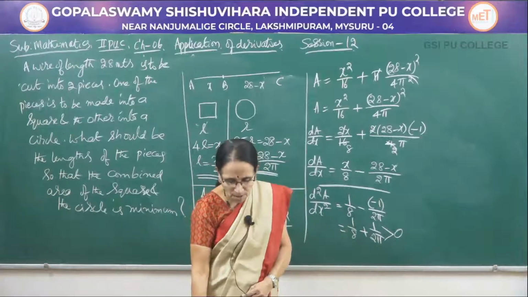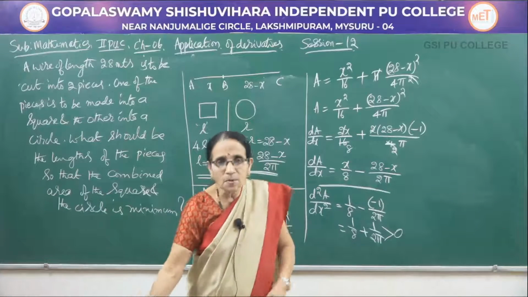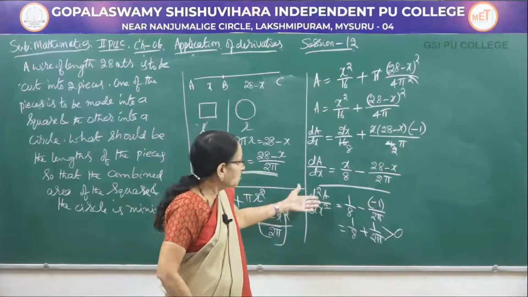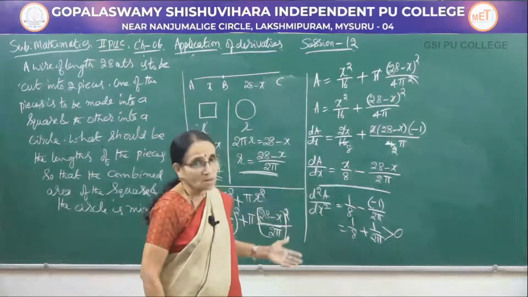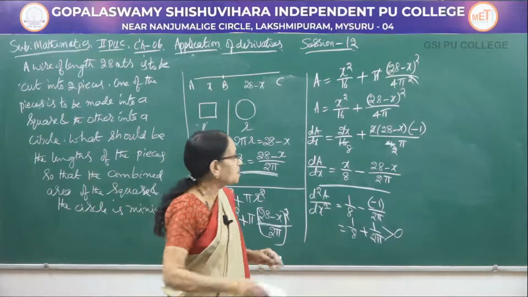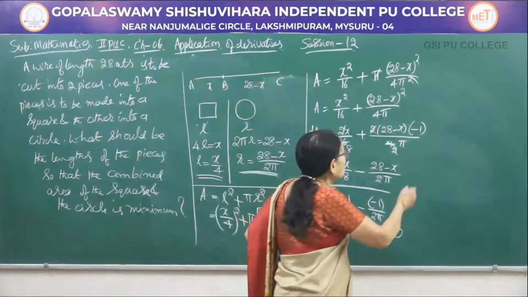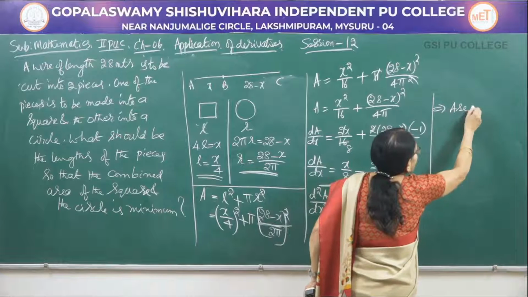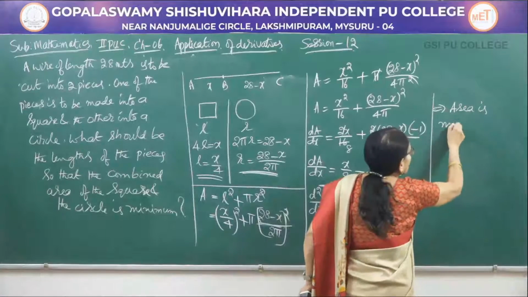When the second derivative is greater than 0, you know that whatever the quantity, in this case it is area, it is attaining a minimum value, that has to be mentioned. Therefore that implies that the area is minimum.